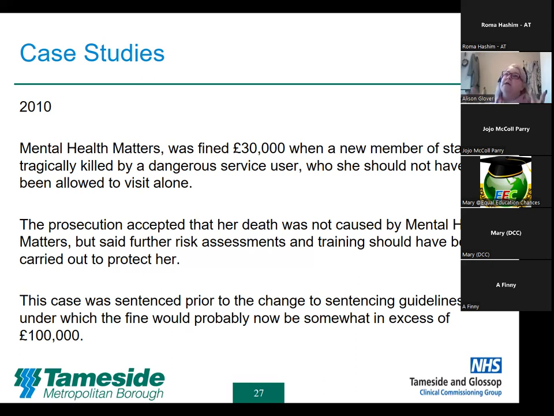In terms of a business being prosecuted, the fines are based on the annual turnover of that business. If it's a non-commercial body, such as a public body or an organisation that's based on funding, the fine is based on the level of funding of that organisation. So potentially the fine now would be in excess of £100,000.